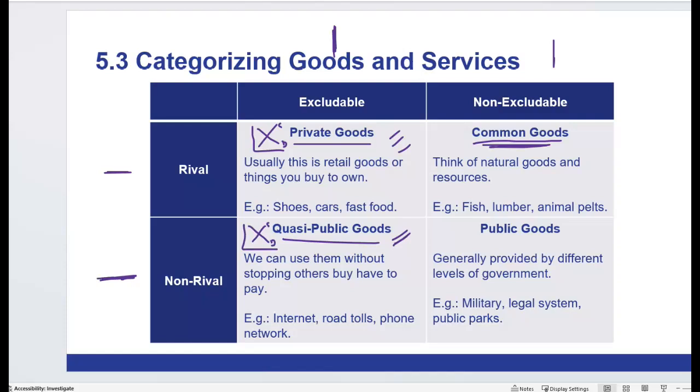But let's say goods and services we are not competing for and we can't prevent people from using. Here we're into a type of good that we would call a public good. Can we think of examples of goods that we can't prevent anyone from benefiting from, and we also aren't competing to use? A great example is the protection from the military.